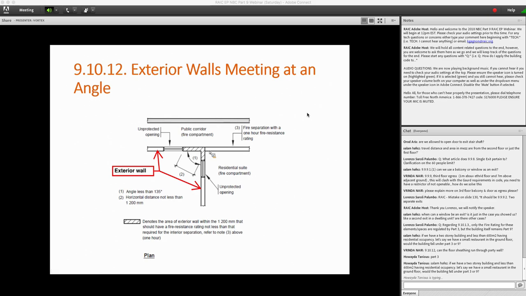So again, this is under Article 9.10.12.3 of the code.